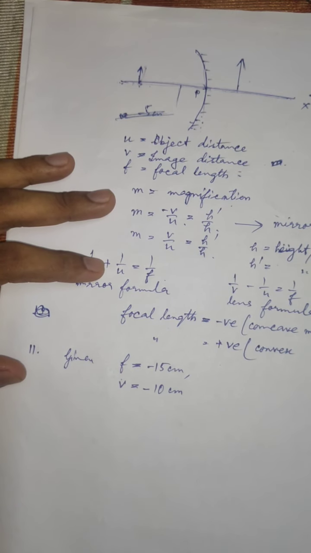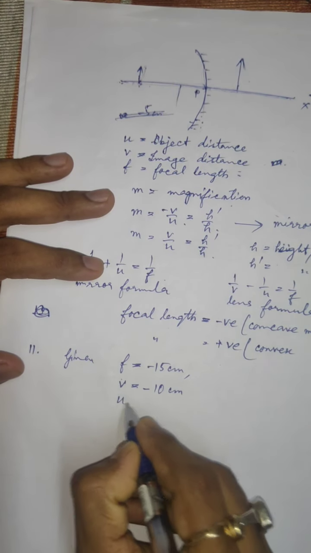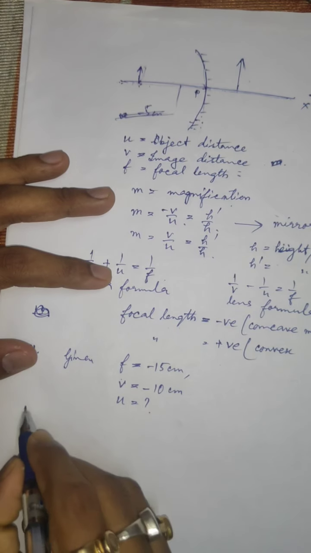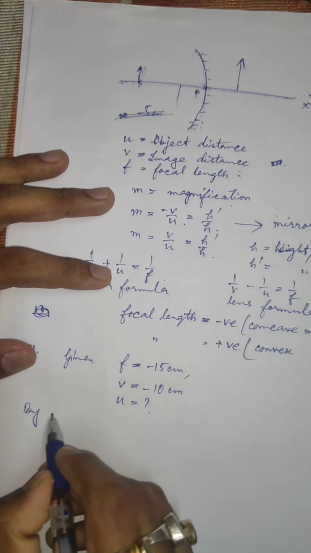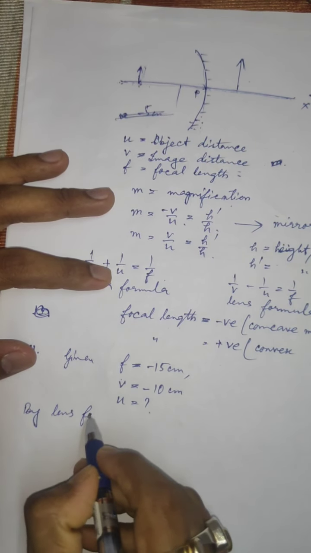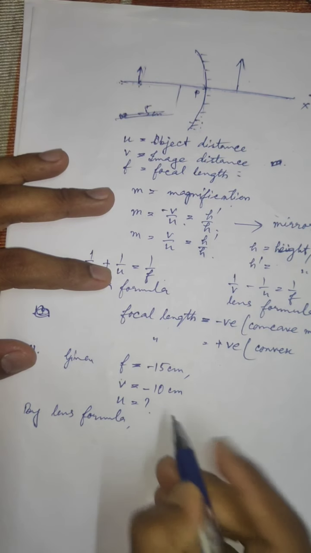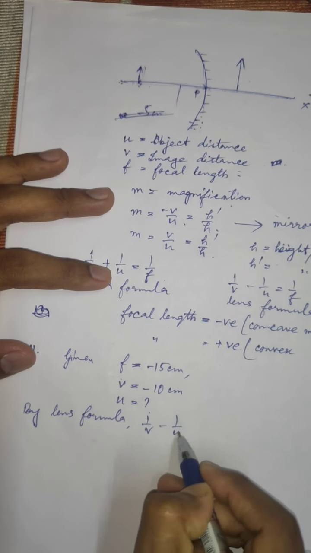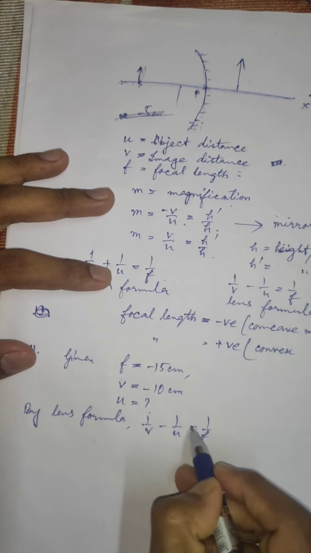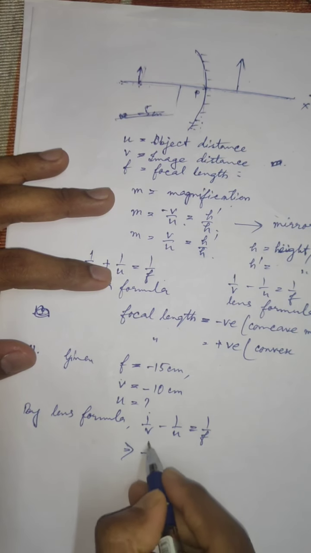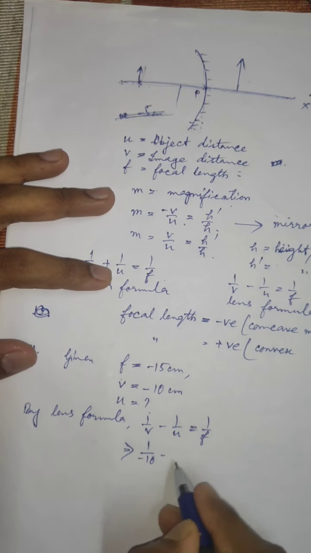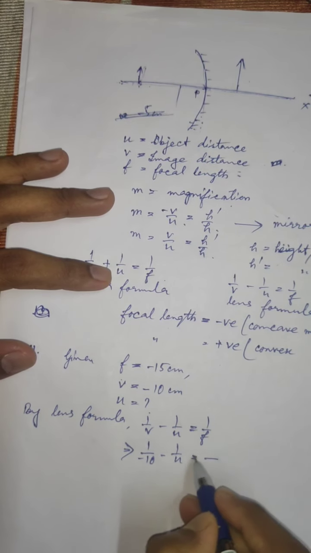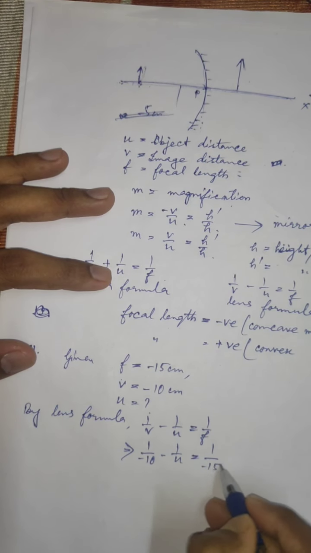Now we need to find the object distance, that is u we have to find. As it is a lens, so by lens formula, 1 by v minus 1 by u is equal to 1 by f. So 1 by minus 10 minus 1 by u is equal to 1 by minus 15.